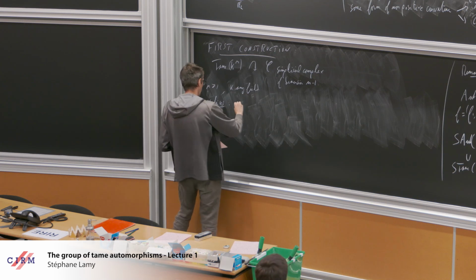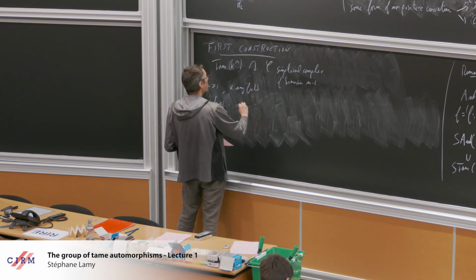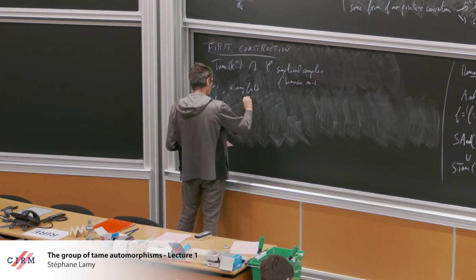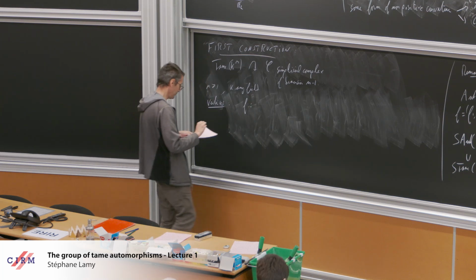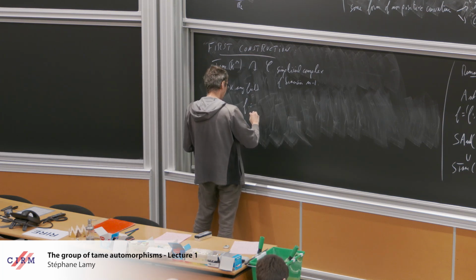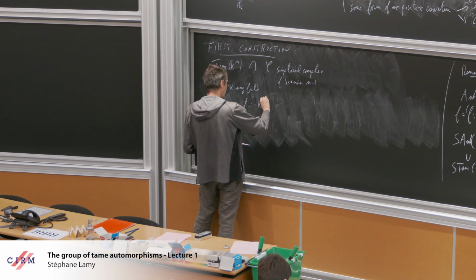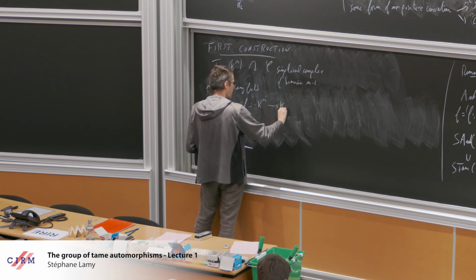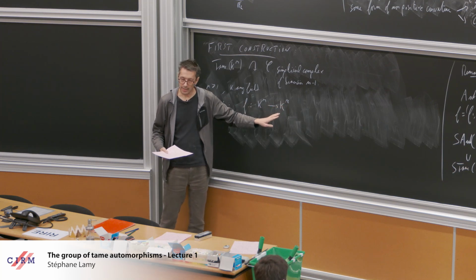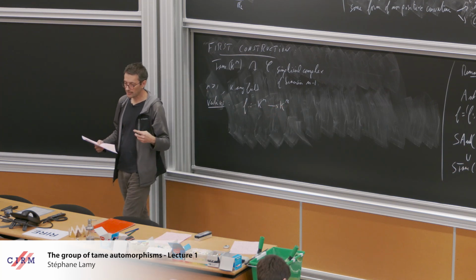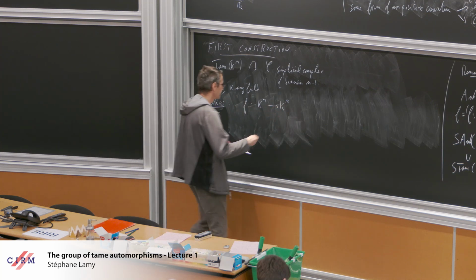All my maps are F, where F is a map from K^n to K^r, where r is between 1 and n, and I'm defining a vertex of type r.